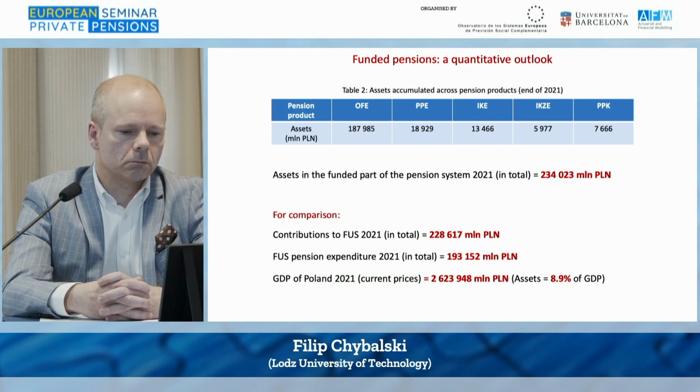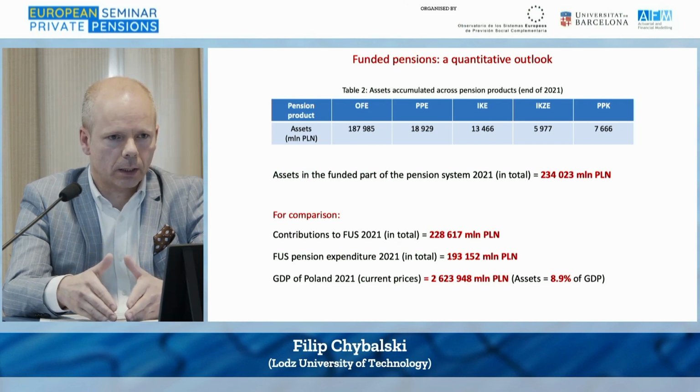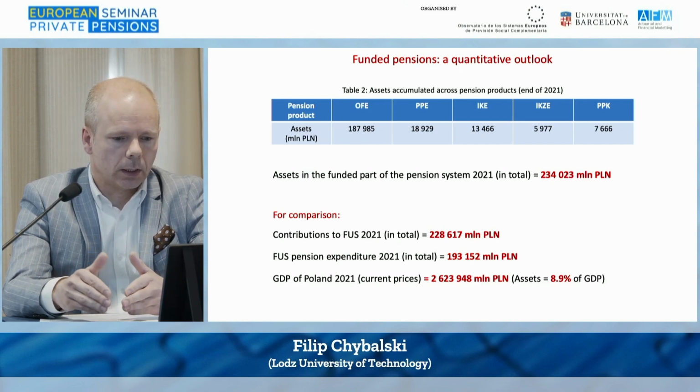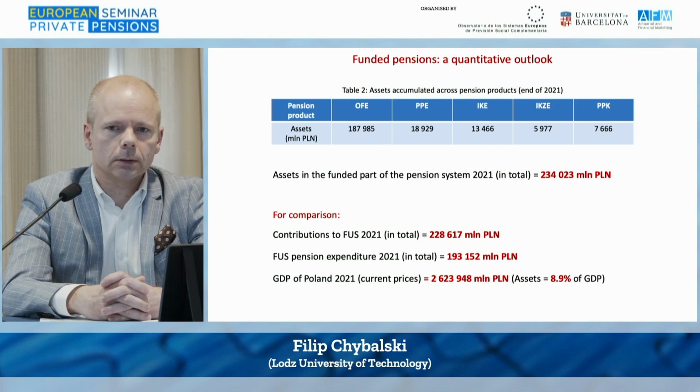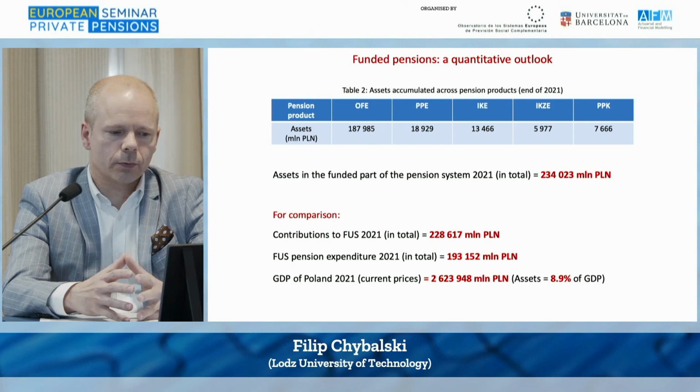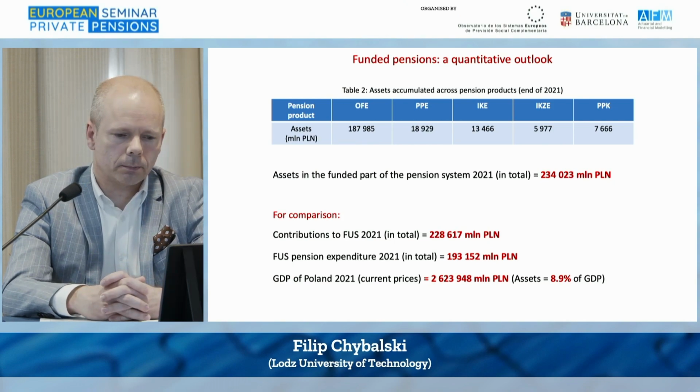are similar to assets allocated now in the whole funded pillar or pillars in Poland. Yearly expenditure on pensions in Poland is also very, very similar. And when we refer our assets in the funded part of the pension system to GDP, it is less than 9%.